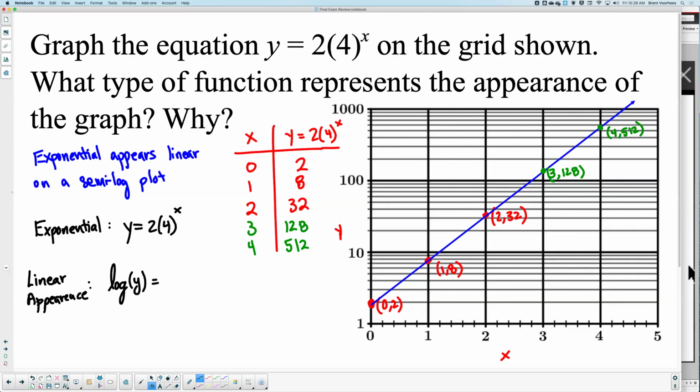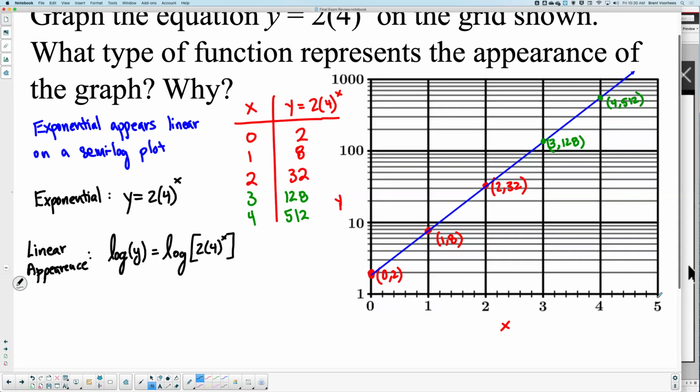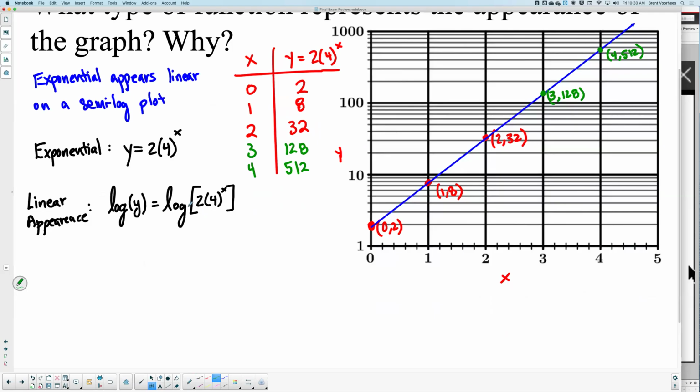It would be log y equals log, and this already has a parenthesis, so I'm going to use a bracket, 2 times 4 to the power of x. We don't have time to spend too much on properties here, so I'm just going to call them out. What happens when you multiply on the inside of a logarithm? Outside add, so it becomes log 2 plus log 4 to the power of x.